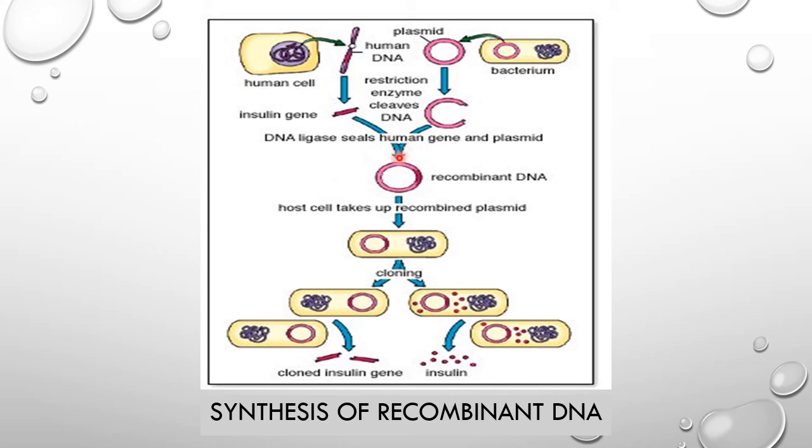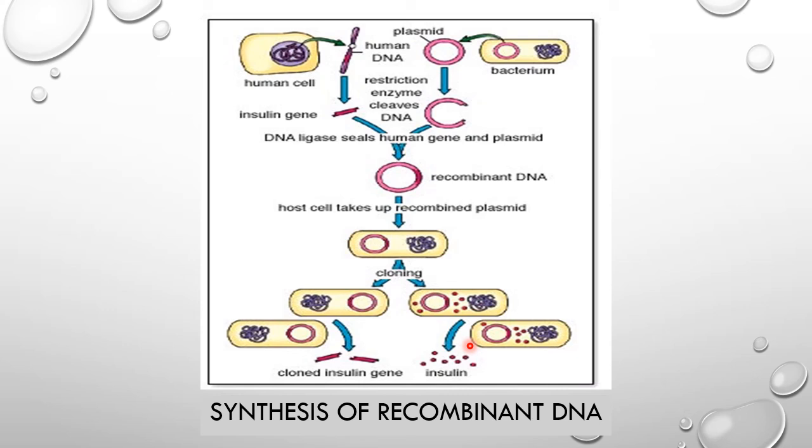Then DNA ligase seals the human gene and plasmid, and this is called recombinant DNA. Why is this called recombinant DNA? Because it has one gene from human insulin and the other from bacteria. Now host cells take up the recombinant plasmid, and there is cloning, meaning there are multiple copies of this gene, and then these genes can be isolated, so we can make a synthesis of recombinant DNA.